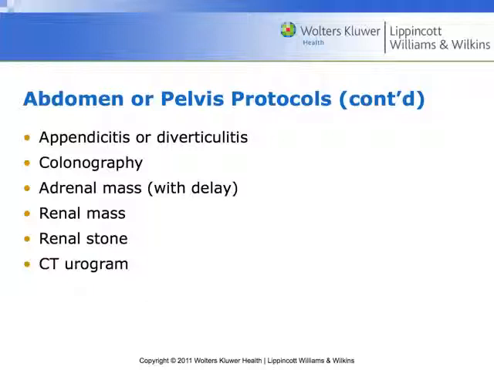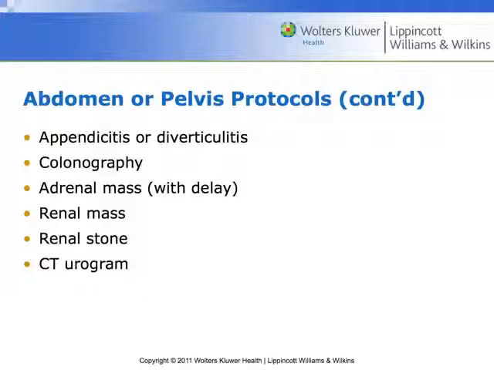Adrenal mass, so this is one of those, like we mentioned earlier, the incidentaloma, where something is apparent in one of the adrenals or both, perhaps in an initial venous phase of contrast, and so it's just a matter of making sure that we do that delay scan to include both adrenals so that we can evaluate for washout.